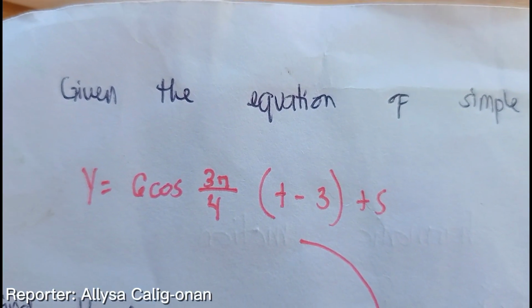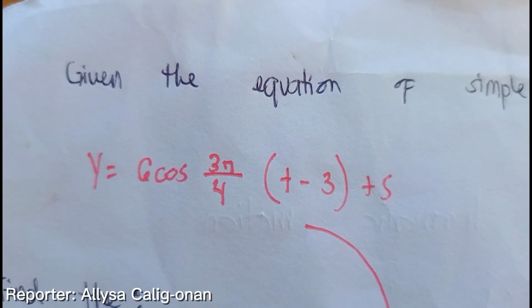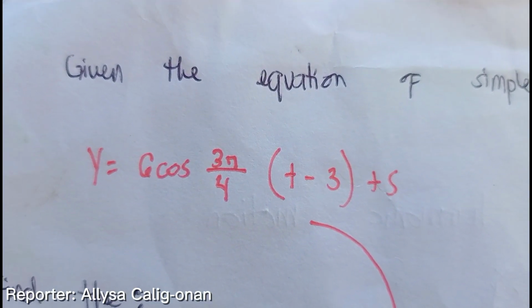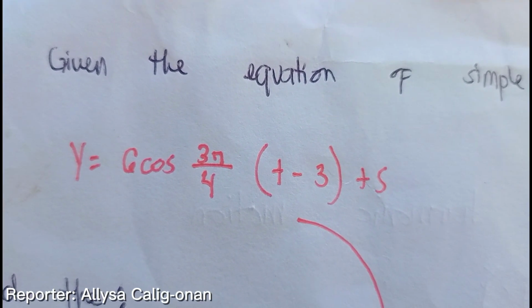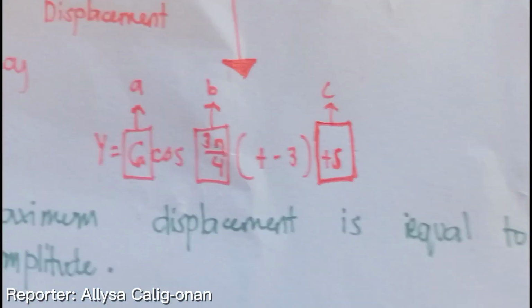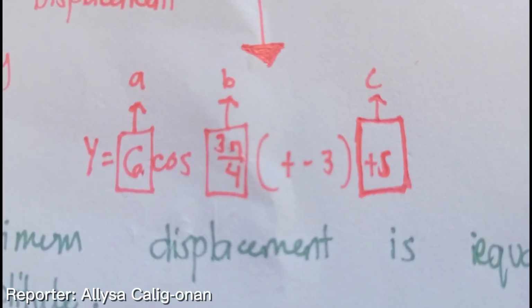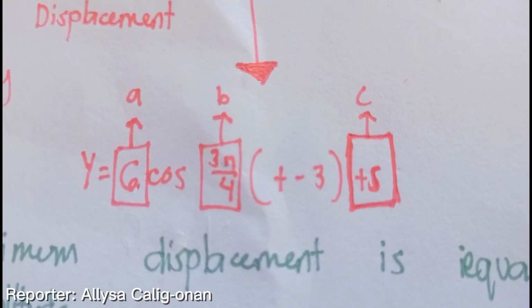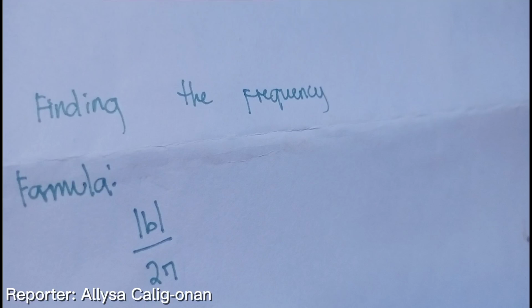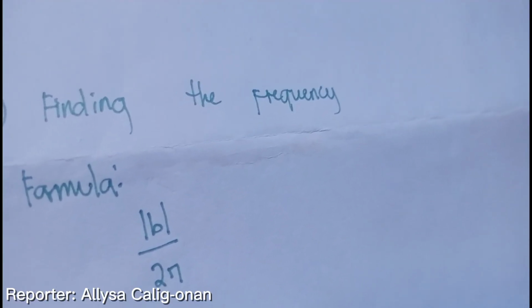Here is an equation of simple harmonic motion, which is y is equal to 6 cos 3 pi over 4 times the quantity of t minus 3 plus 5. Let us identify a, b, and c. So a is equal to 6, b is equal to 3 pi over 4, and c is equal to 3, and d is equal to 5. Next is finding the frequency.